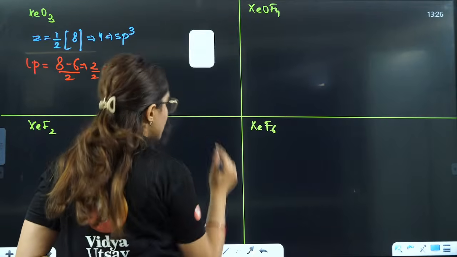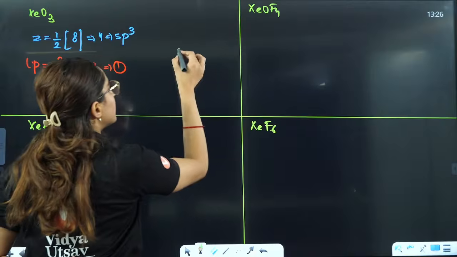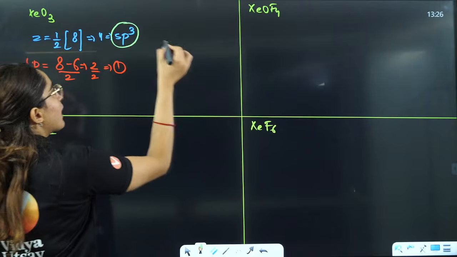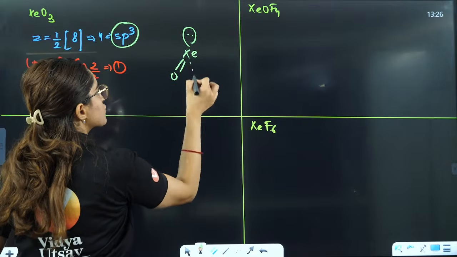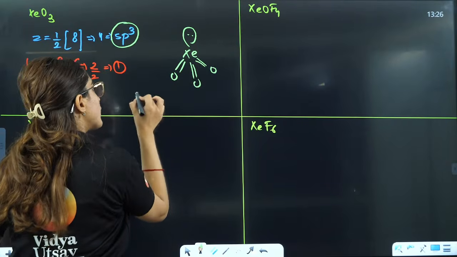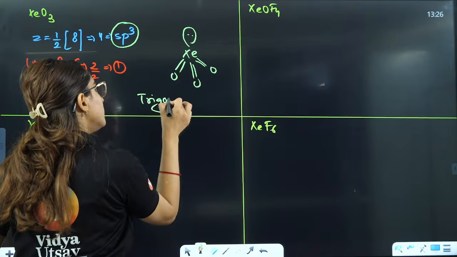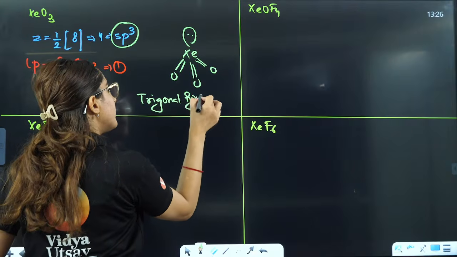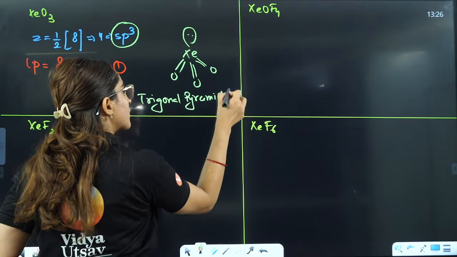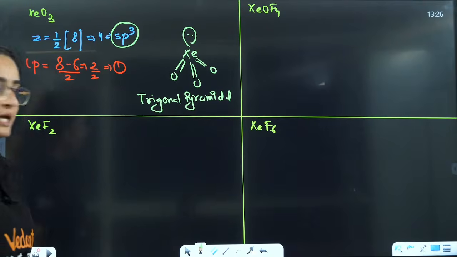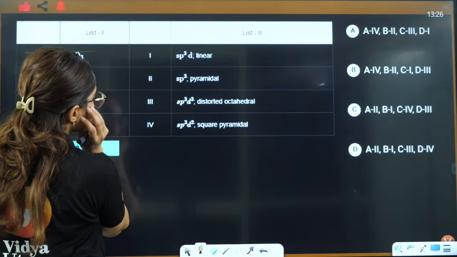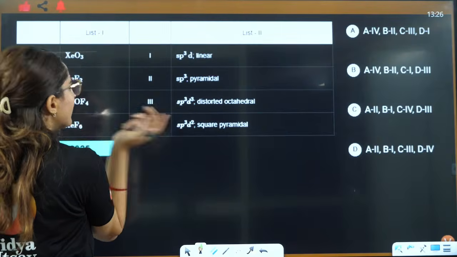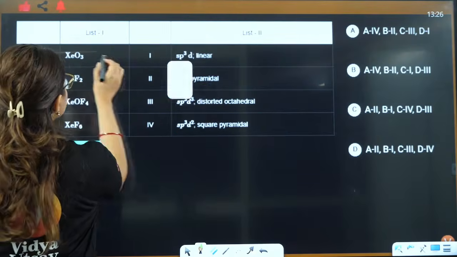So it is sp3 hybridization and the structure is going to be trigonal pyramidal. They have given you only pyramidal, that also works fine.